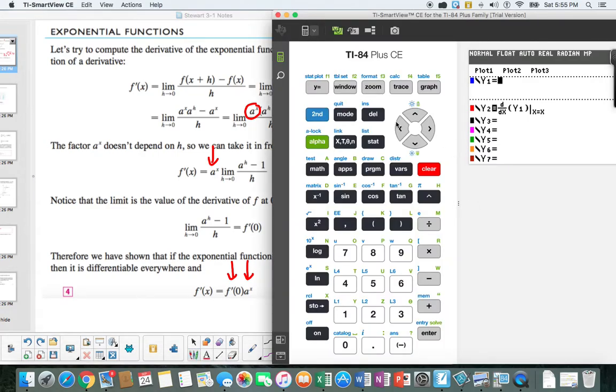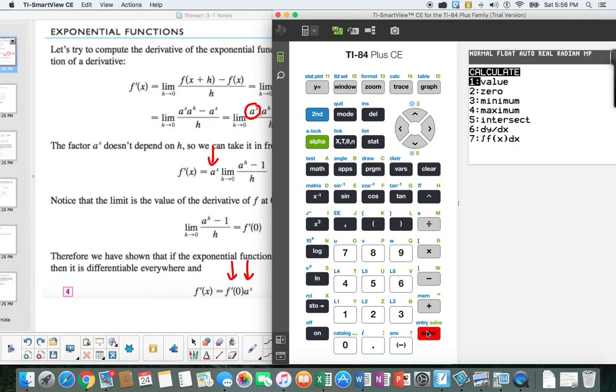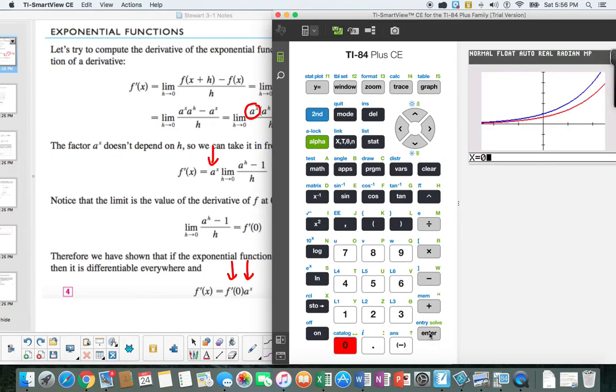Let's go ahead and use our calculator to examine what's going on. I'm going to put 2 to the x power here, and you can see my derivative expression here, and I'm going to hit graph, and there's my 2 to the x power, and here is my derived function. Now I'm going to evaluate by pressing second calc, and I'm going to evaluate 0, and I want to do it for the derivative.